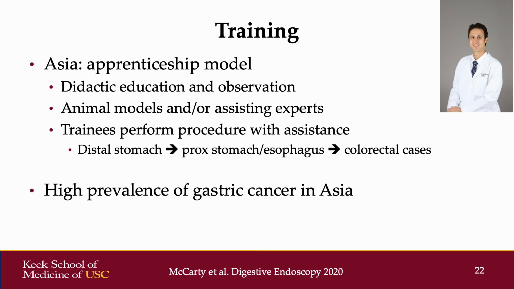The trainee will then start performing procedures with assistance of the mentor, and will generally start with procedures in the distal stomach, then move on to the esophagus and the more proximal stomach and rectum, and later then move on to lesions in the colon, which tend to be more challenging. There is a higher prevalence of gastric cancer in Asia, which tends to make it easier to train due to the volume of cancers that can be found in the stomach.